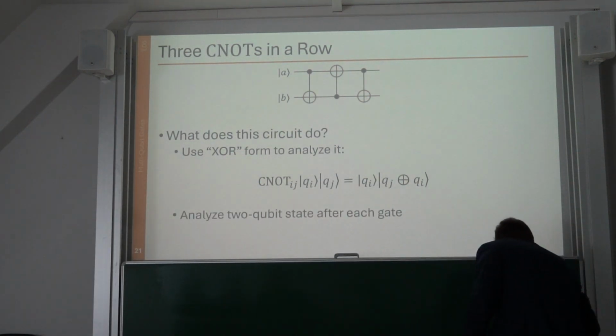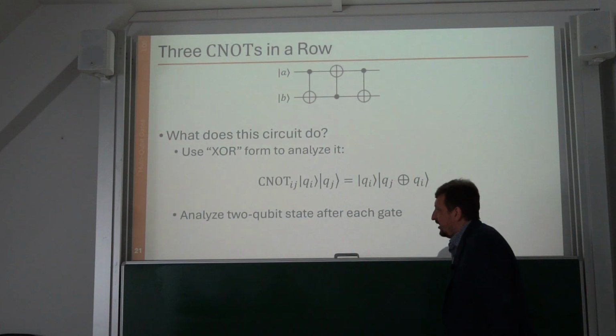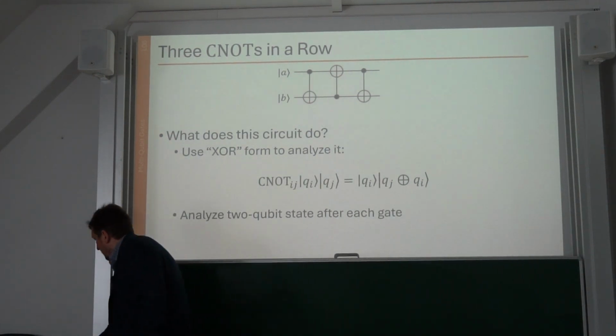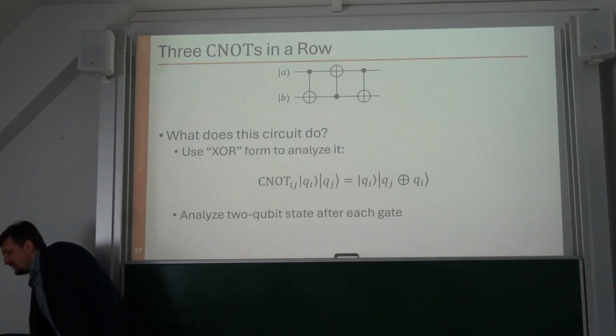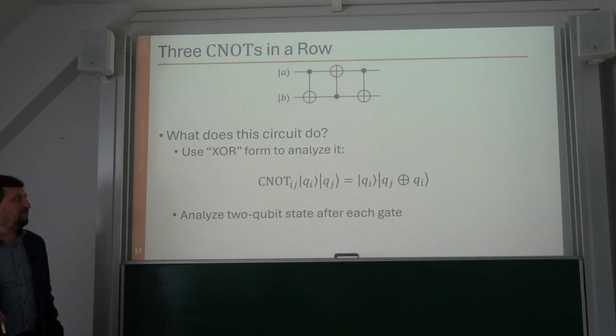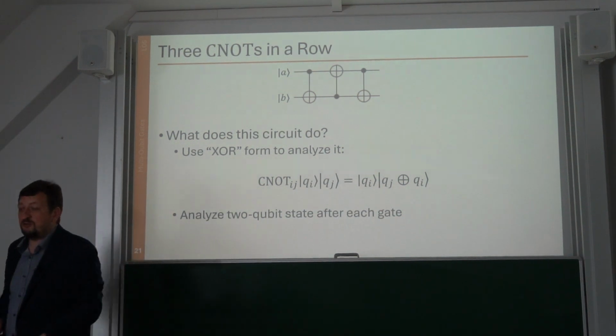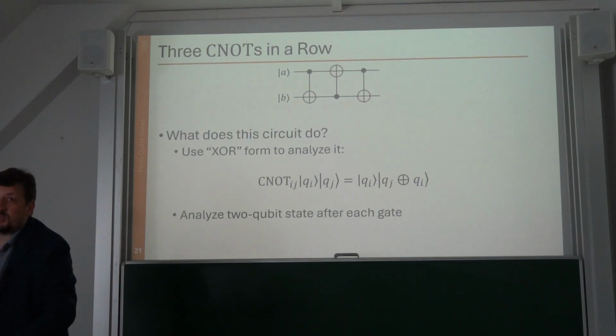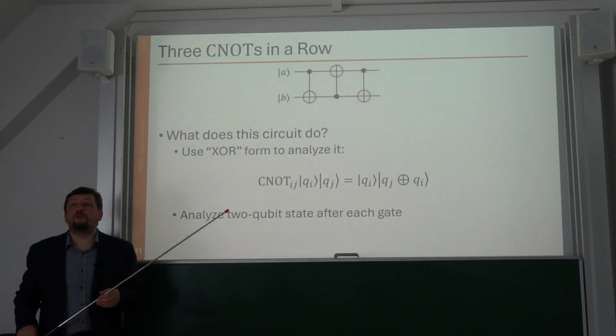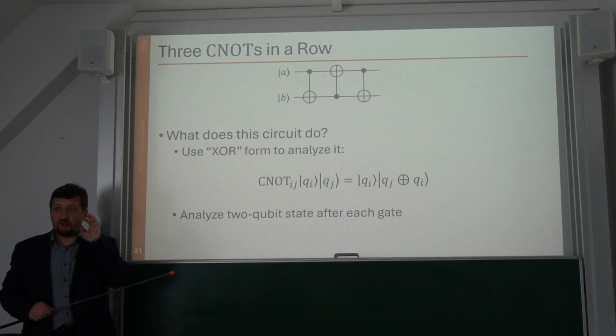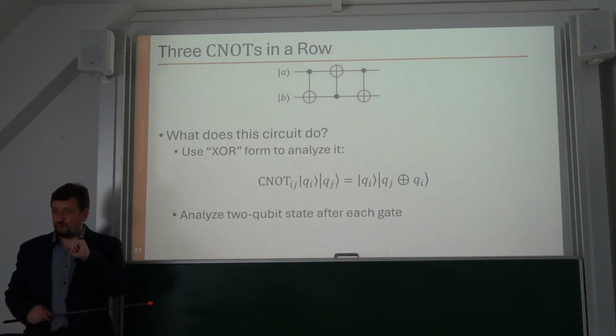So what does this gate do? This is already a little bit complicated because there are 3 gates. There is a nice method for doing this type of calculation. It works when we have X gate and controlled X gate, so different versions of controlled X gate.